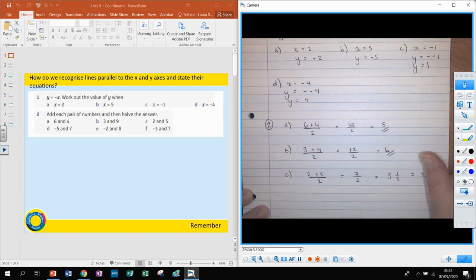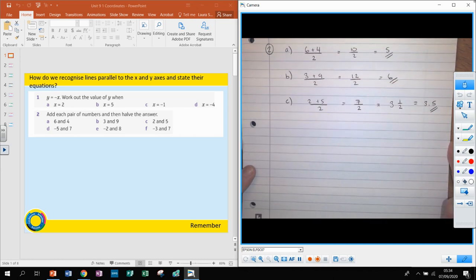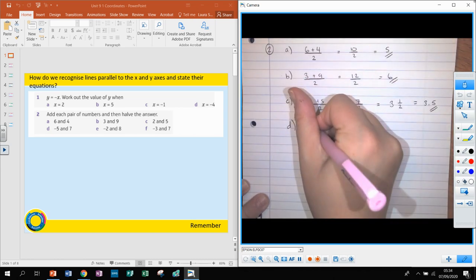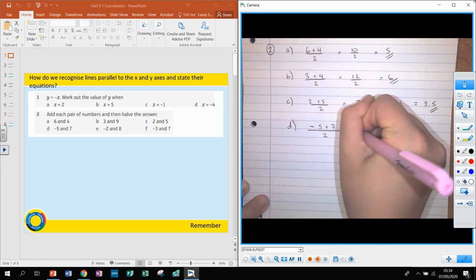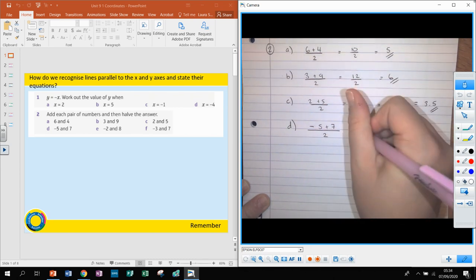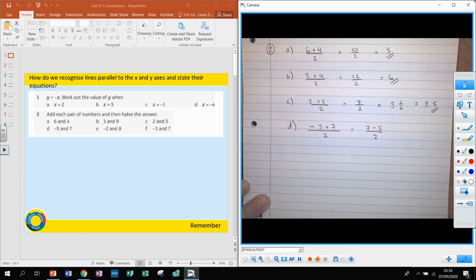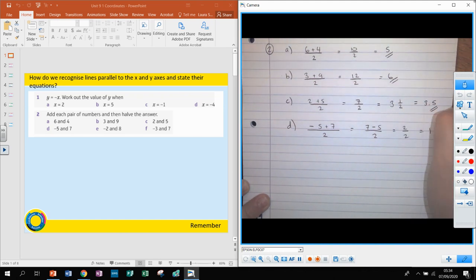That's a 0.5, okay? Part D, we have negative 5 add 7 divided by 2. Now, that's the same as saying 7 minus 5 divided by 2. I've rearranged, which gives me 2 divided by 2, which is 1.